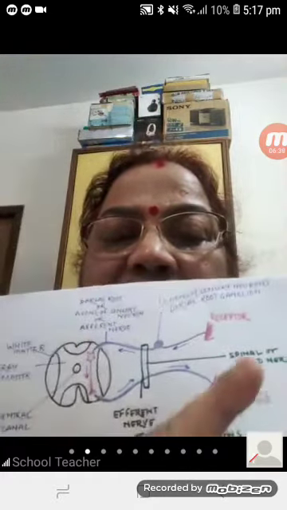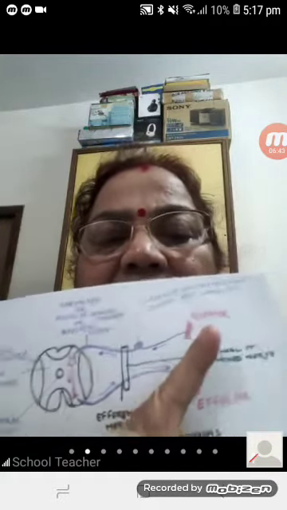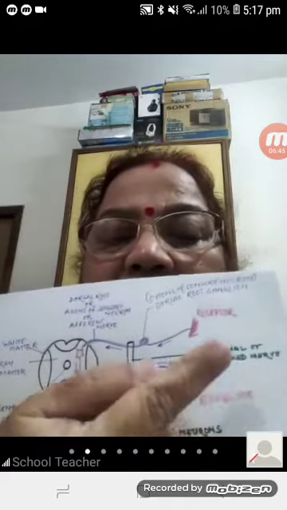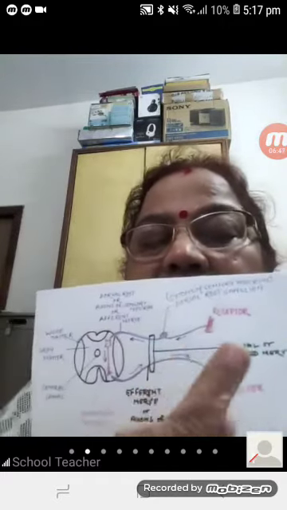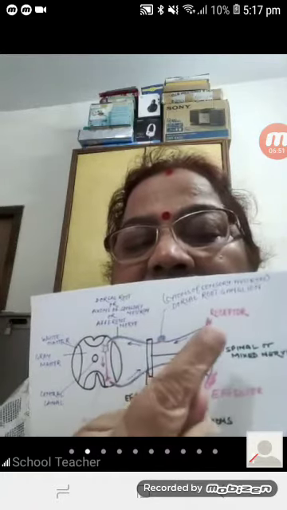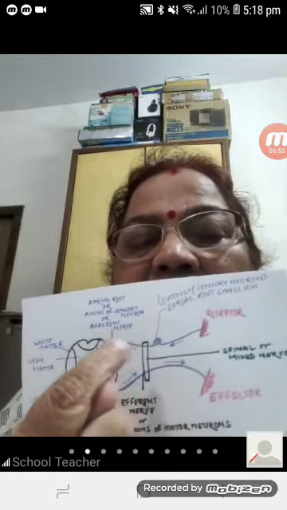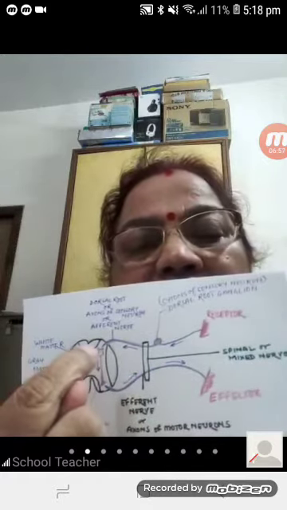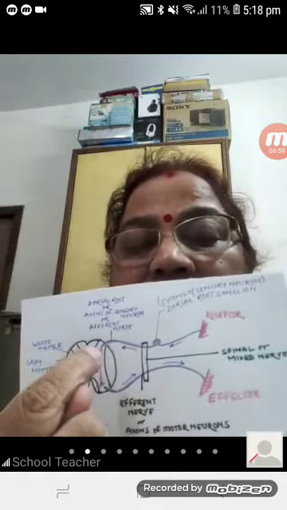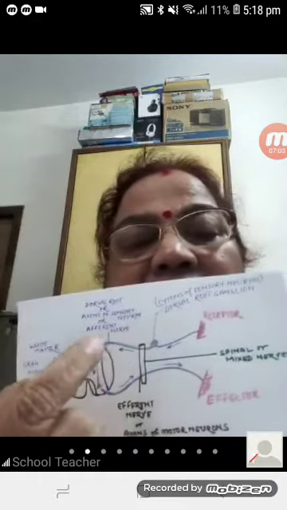Okay, this is receptor. Receptor will receive the impulse, and from here the message will enter. Nerve impulse will travel and it will reach to the gray matter. So through this the nerve impulse is entering.